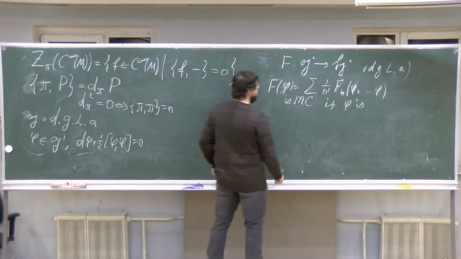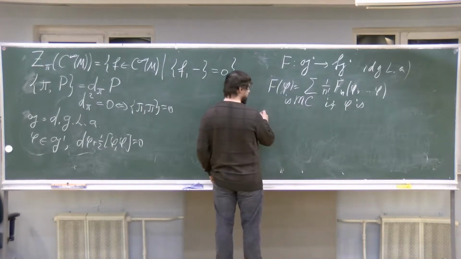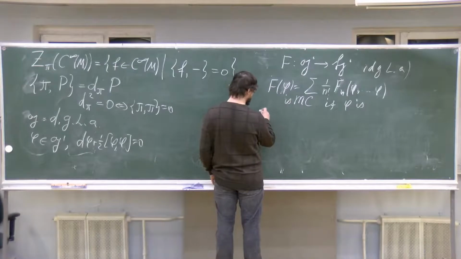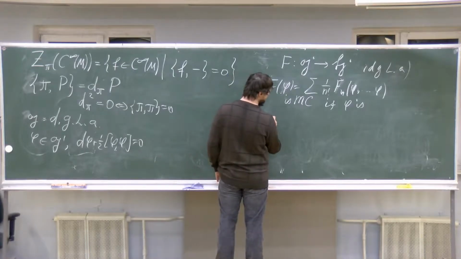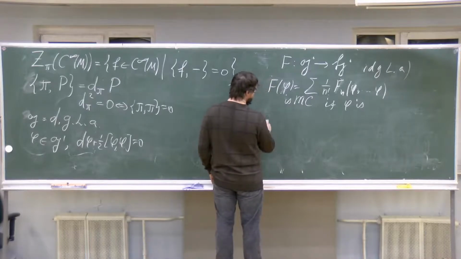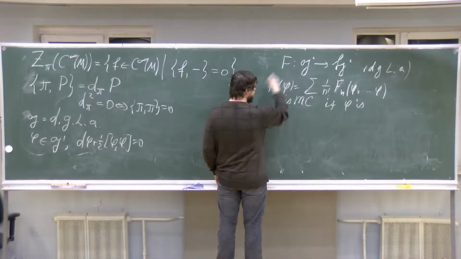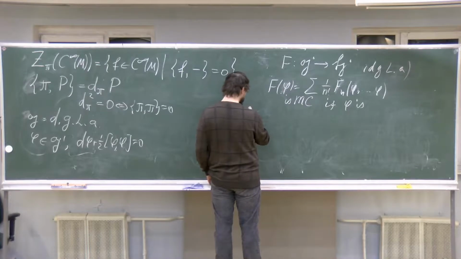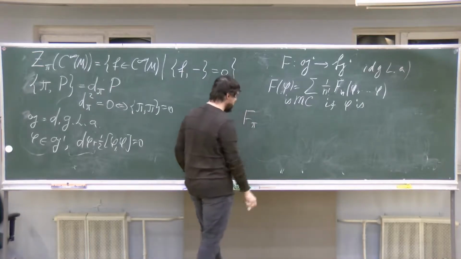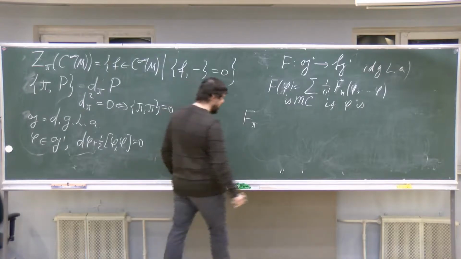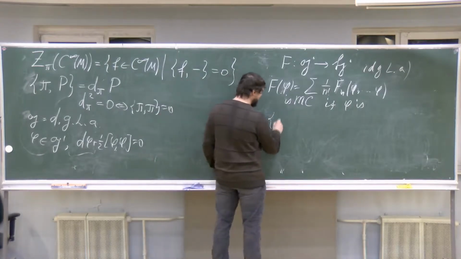Namely, if you consider the map F, you can also consider the map F sub phi, which will also be an L infinity map.